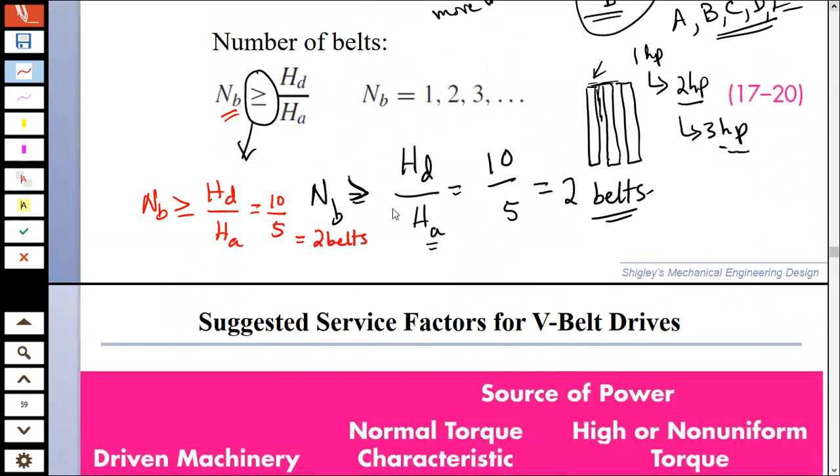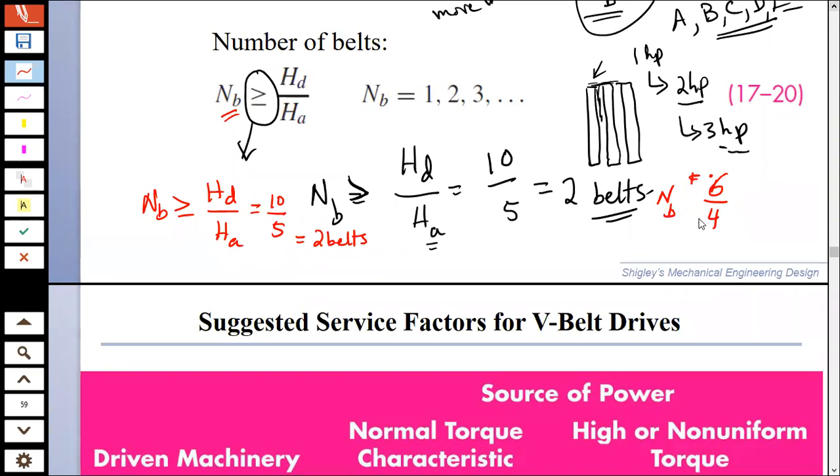Fine. But what if the design horsepower HD is, let's say, 6, and your allowable horsepower is 4, then what is the number of belts?